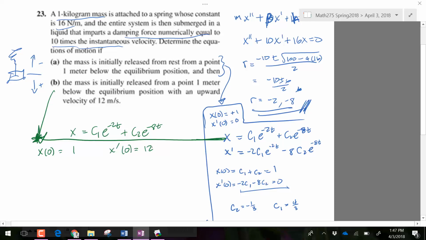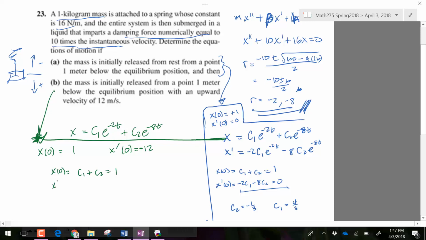So what does an upward velocity mean? This is a negative 12 meters per second. So we can set up our system again. X of 0 is equal to C1 plus C2, which is equal to 1.